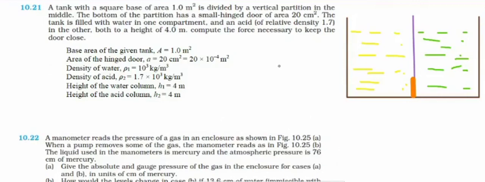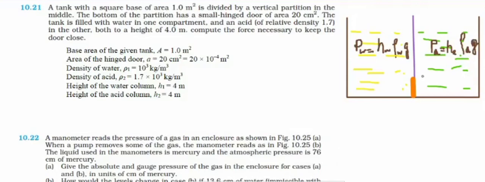Now the pressure applied by water is equal to H W rho W G, while the pressure applied by acid is equal to H, the height of acid, rho of acid into G, but both the heights are equal.